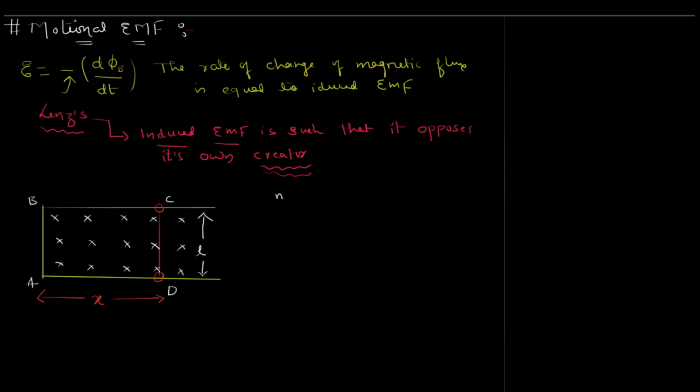And then let's try to name these variables. So magnetic field, let's say that field is, obviously the direction is inside with the crosses, let's say the strength is B Tesla. So magnetic field is B, and you have a slidable rod whose length is L, and that rod is at a distance of x, and all these things.